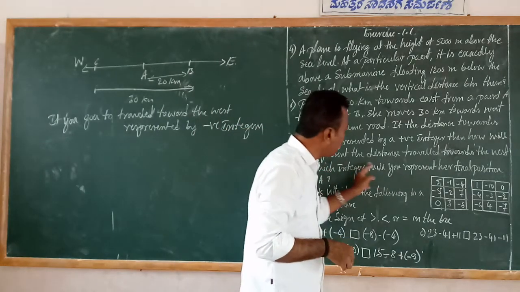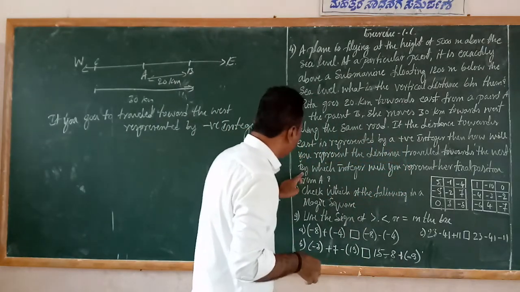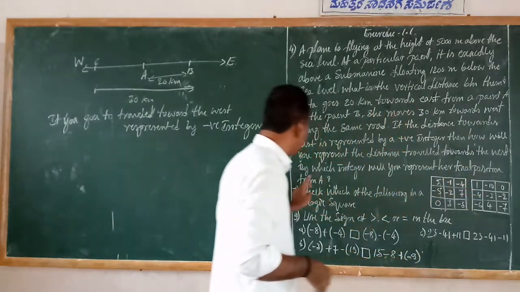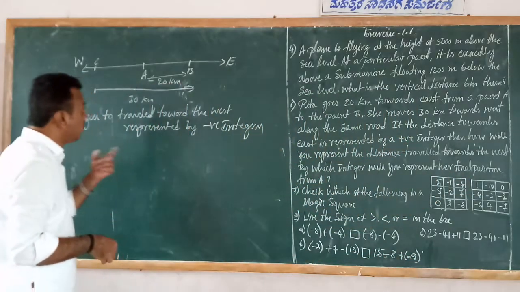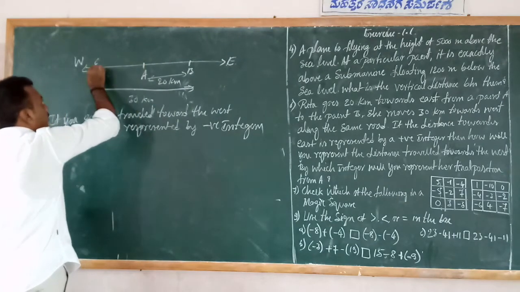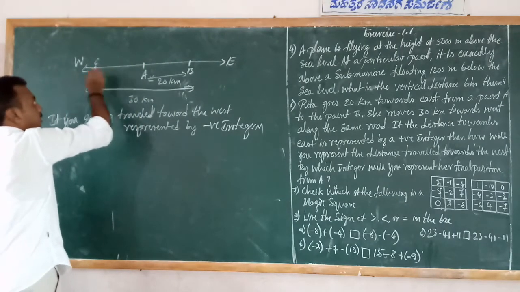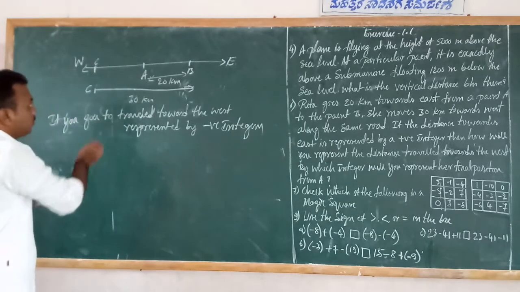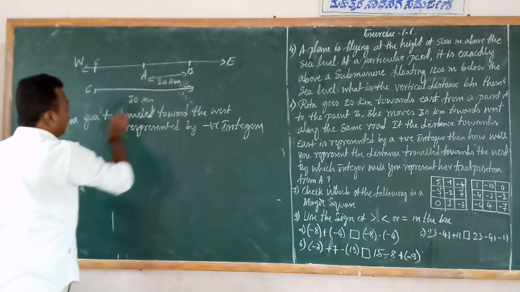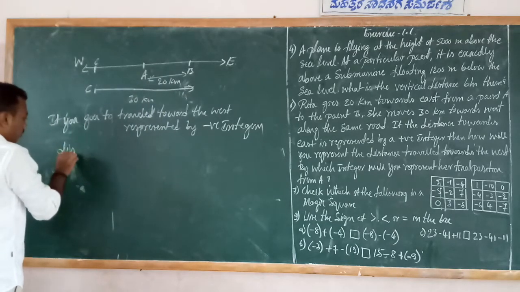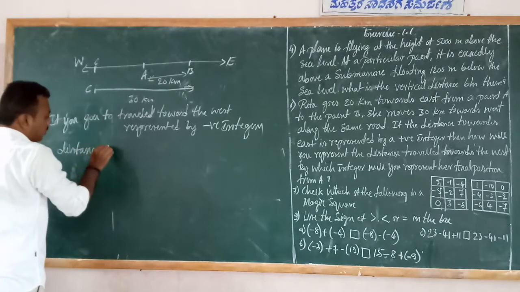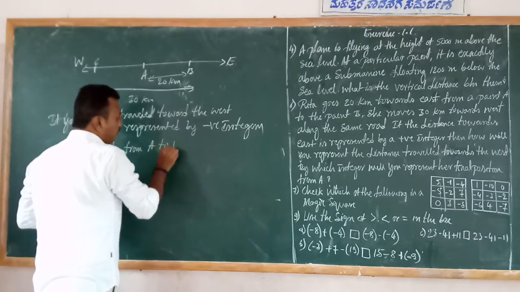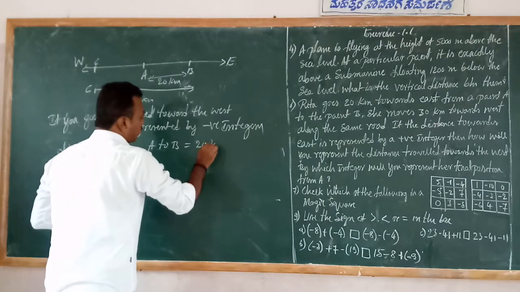Next, in that same question, by which integer will you represent her final position from the point A? The final position. See, first, what is the distance from A to B? The distance from A to B is 20 kilometers.